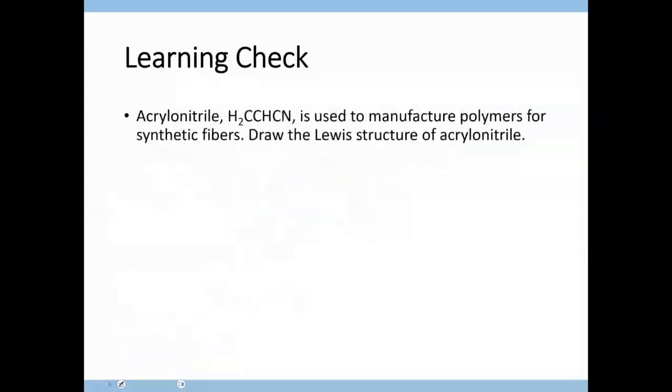So if we go to our next learning check, we have acrylonitrile, used to manufacture polymers for synthetic fibers. We're drawing the Lewis structure of acrylonitrile. So we could count valence electrons, and we should do that to double check. But if we just look at the structural formula, we have H2C first. So that tells us we have a carbon bonded to 2 hydrogens.